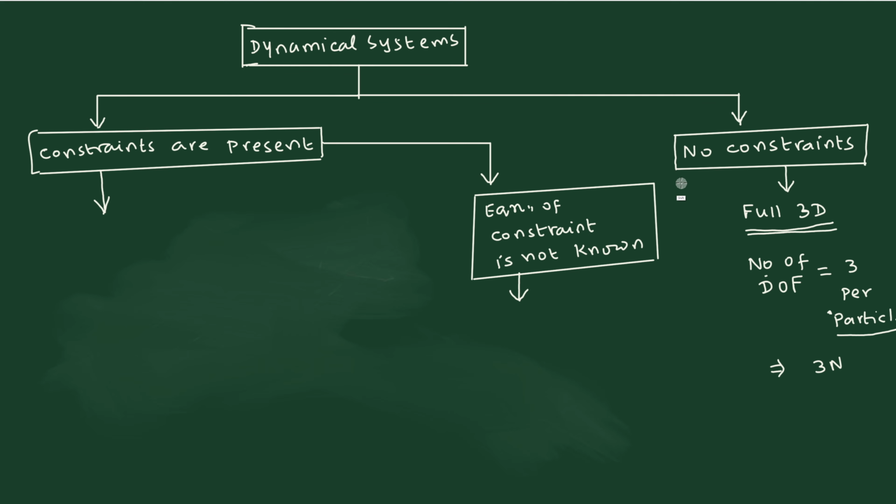And once this is clear, the discussion is almost over for the case of no constraint condition, because there is nothing more to reduce. Therefore consider the full 3-dimensionality, write down all the 3 Newton's equations of motion, one per direction, and start solving per particle. That's all about it. Now coming to the next case where the constraints are present, and you know that present means you know that there is a constraint.